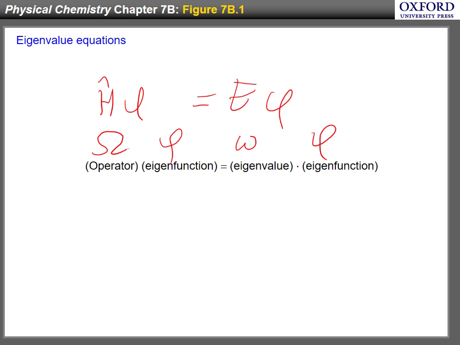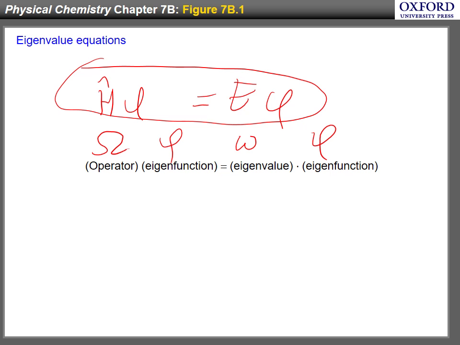The eigenfunction of this equation is the wave function that corresponds to the energy E. Now listen to this closely and follow it, because it makes sense. Just don't get too lost in the terminology.